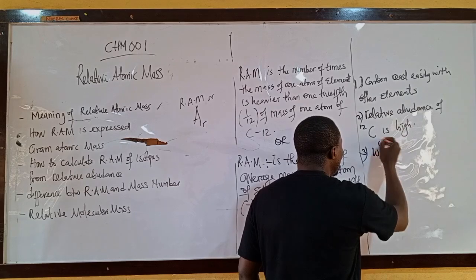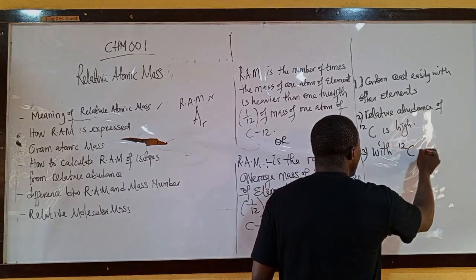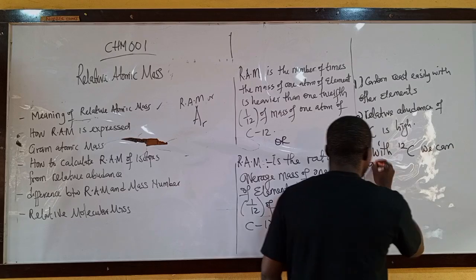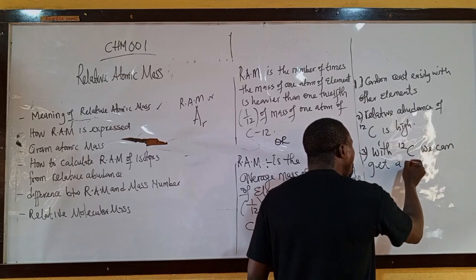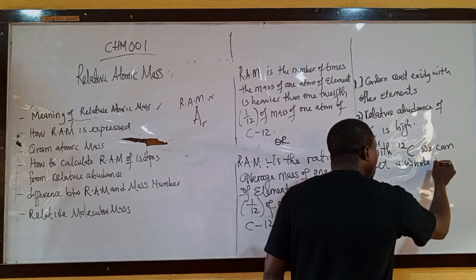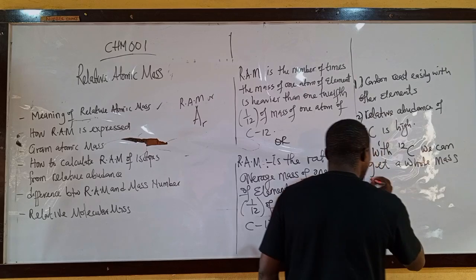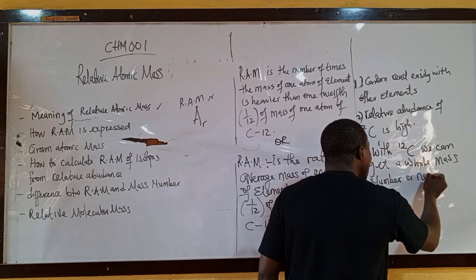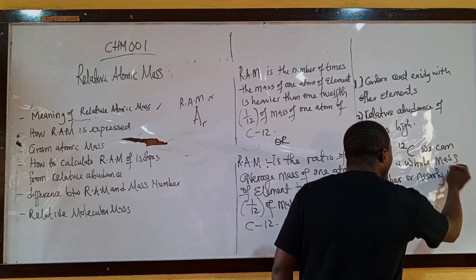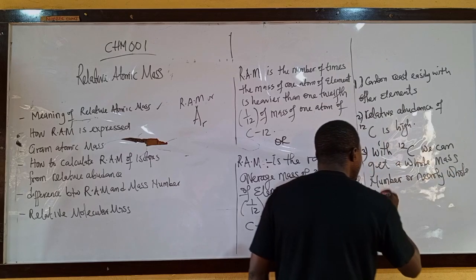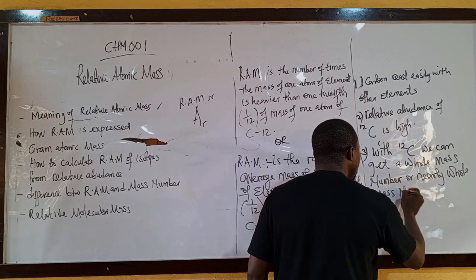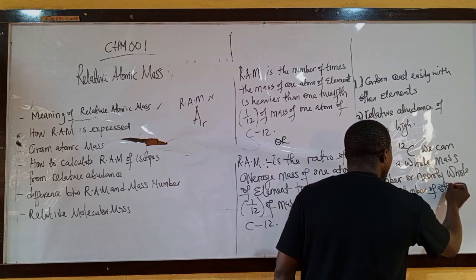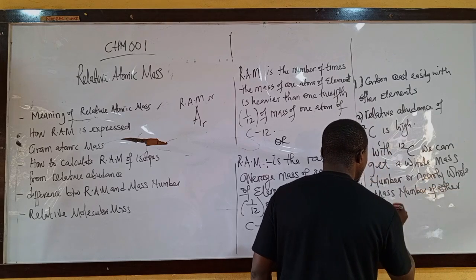That means with carbon 12, we can get a whole mass number or nearly a whole mass number of other elements.